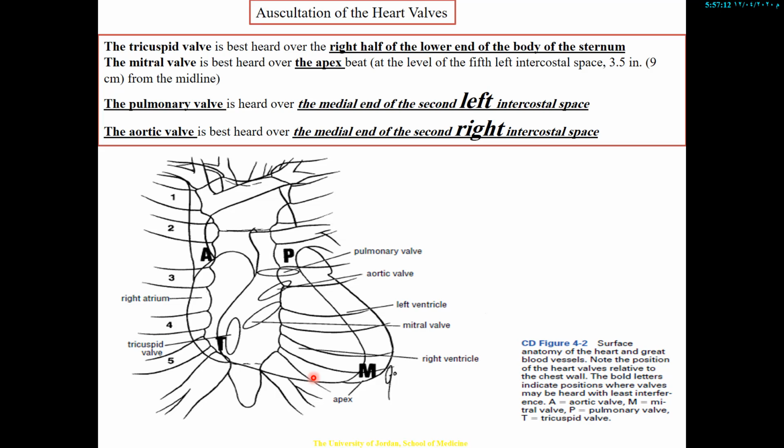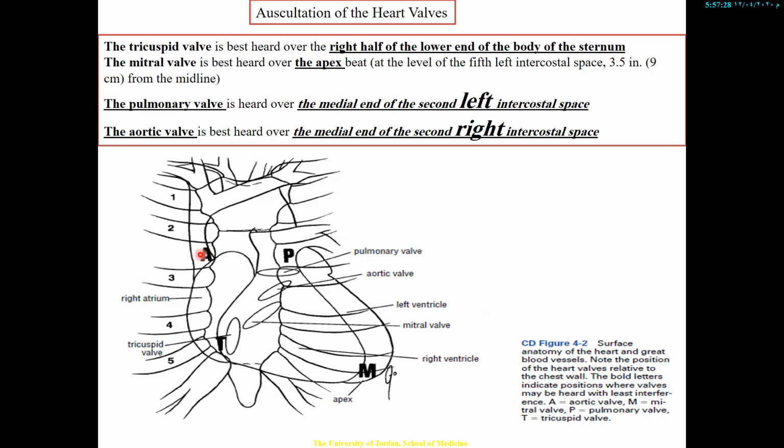So let's ignore the surface anatomy of the valves totally and stick to easy places where we should place our stethoscopes.